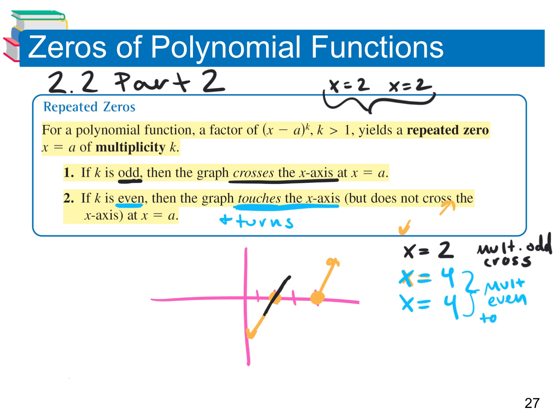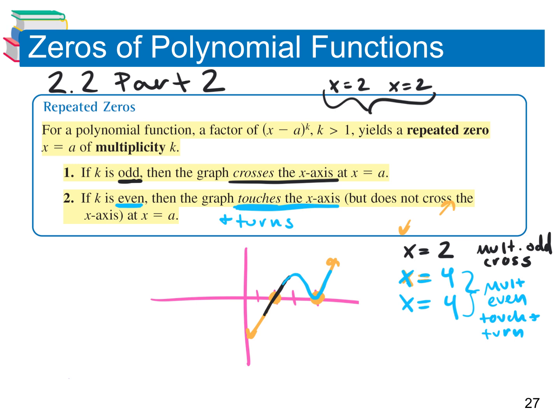So here we touch and turn. At 4, I'd touch that point and then just turn. It's like bouncing off of that point. You don't cross the x-axis at that point. You just touch and turn. So when your multiplicity is even, touch and turn.